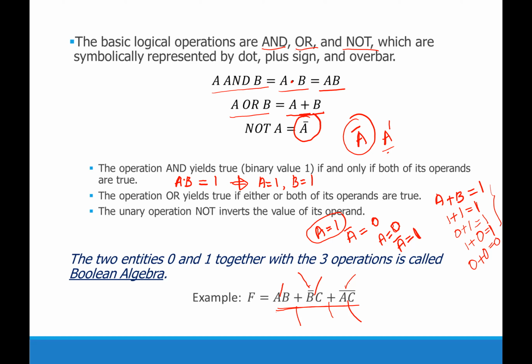But remember that if we take the NOT operation, we can apply only one input, okay? So later, when we discuss the logic gates, you will see how we apply those inputs. So remember the meaning of the 3 operations: AND operation, OR operation, and NOT operation, okay?